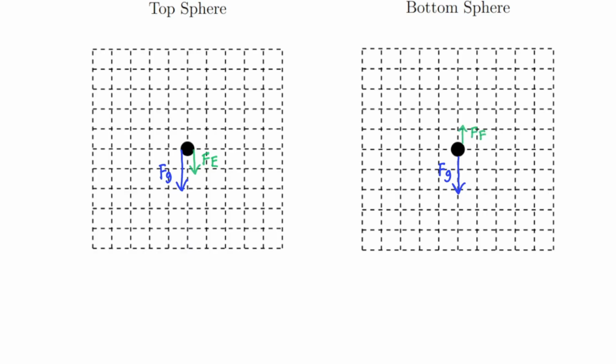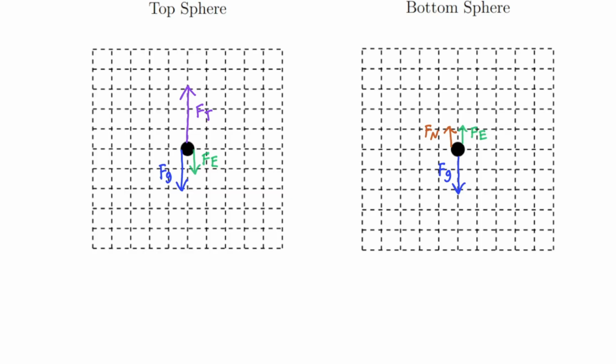And these do have to be the same. You have to show that Newton's third law pair here, equal and opposite. I totally just picked an arbitrary number with 2 and 1 here. And now I can make up the differences to make my forces balance. So in my top sphere, my tension must balance both of the downward forces, so I will make this the sum of the other two. And then my normal force needs to balance the difference between the weight and what help it got from the electric force.